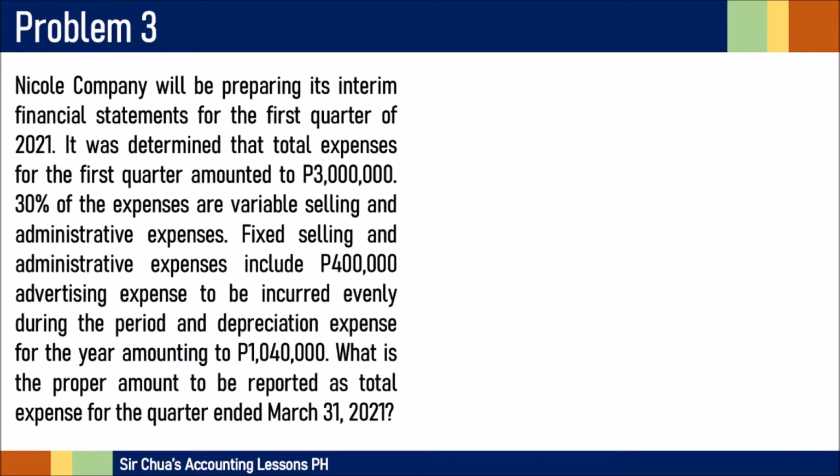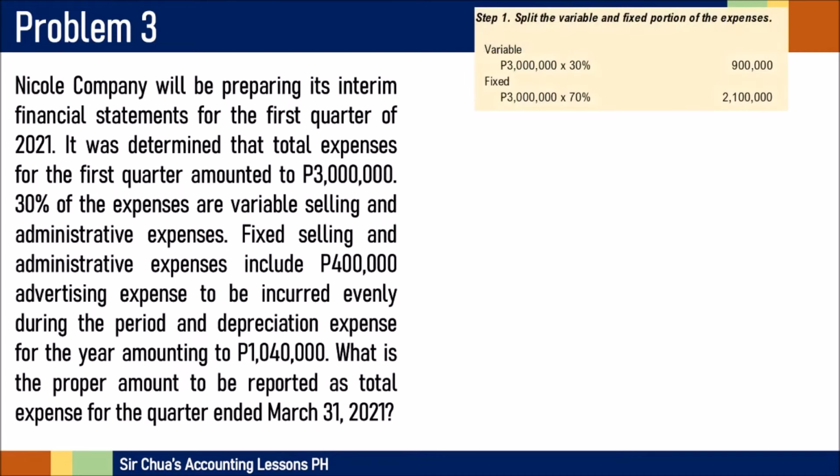For these kinds of problems, what you need to do is step 1, split the variable and fixed portion of the expenses. So if your expenses is 3 million and 30% is for variable selling and administrative expenses, that's 3 million times 30% or 900,000. However, for the fixed selling and administrative expenses, you just have to multiply 3 million by 70%, which is the complement of 30%.